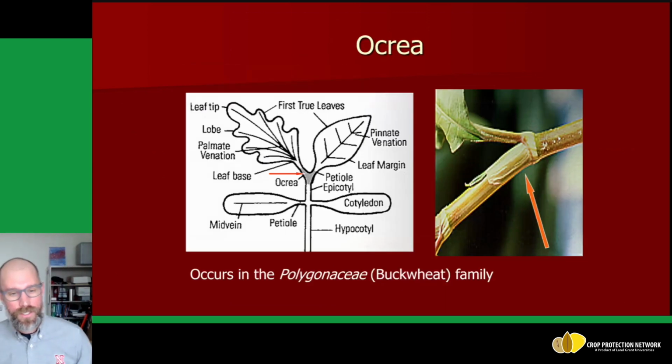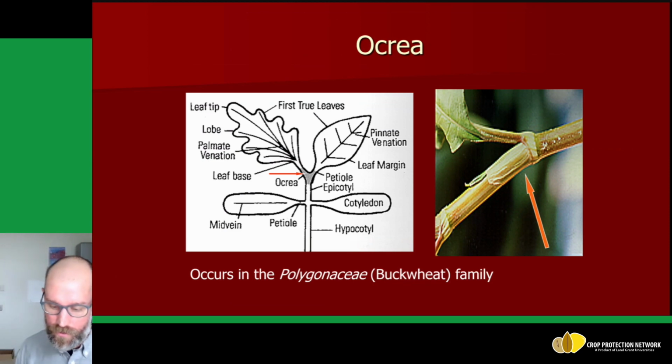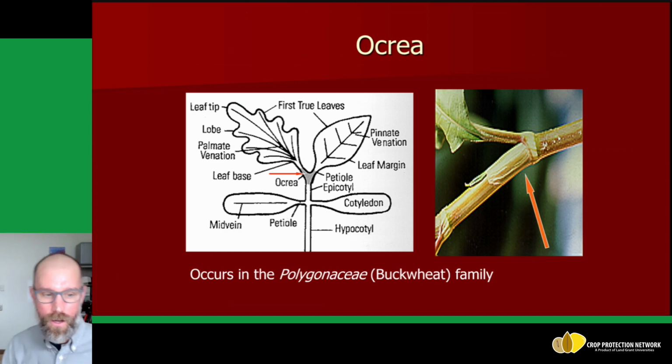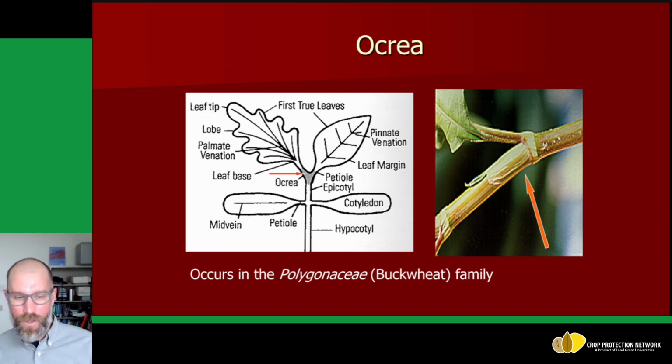Here's another characteristic that's unique to a certain family of plants. So this is called an ochrea. And so this is almost like an onion skin-like sheath that occurs in the buckwheat family, or Polygonaceae family. And so you can see that arrow pointing to this ochrea here that's on the stem, right around the leaf node.